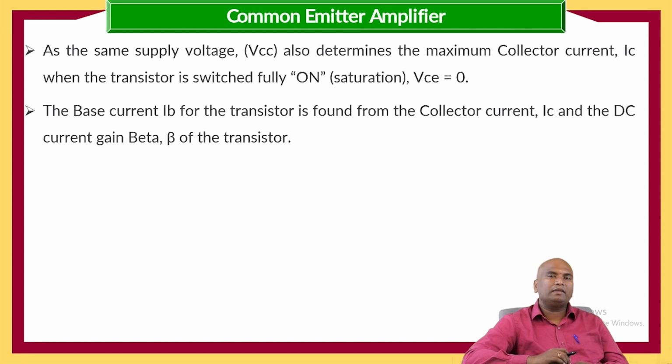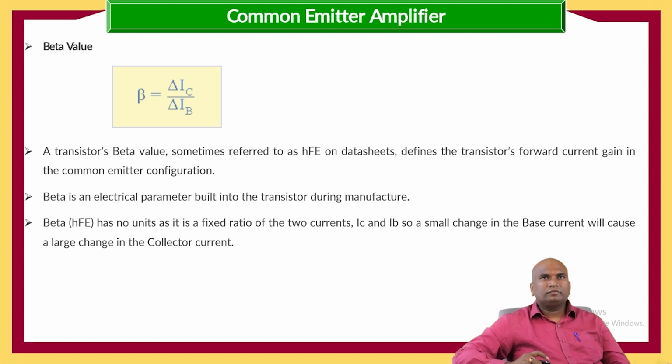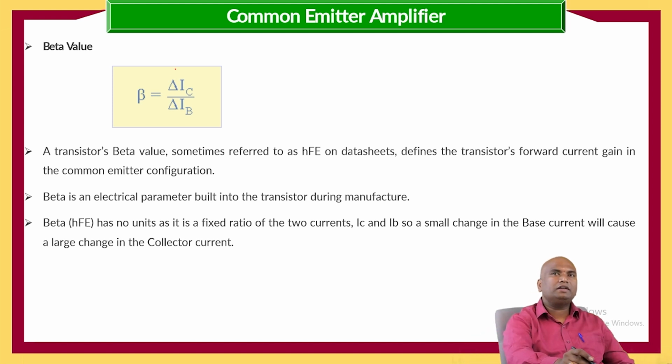So we can calculate the base current by using collector current and the beta value. Here the beta value is the change in collector current by change in base current, or if it is DC, IC by IB.